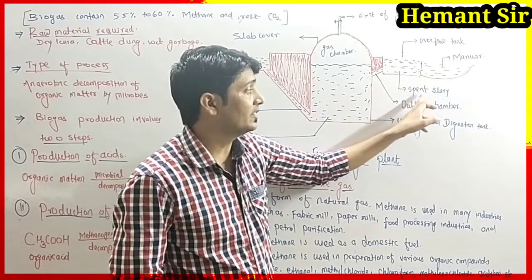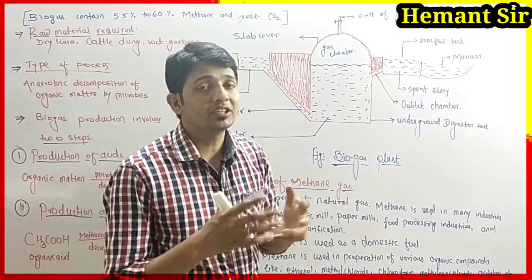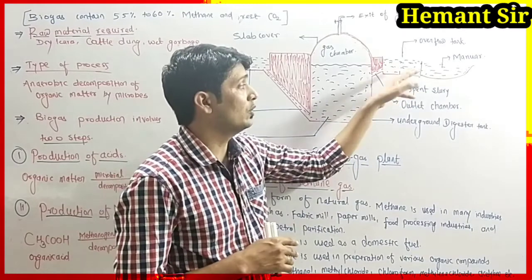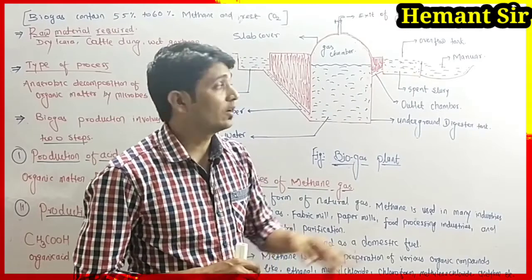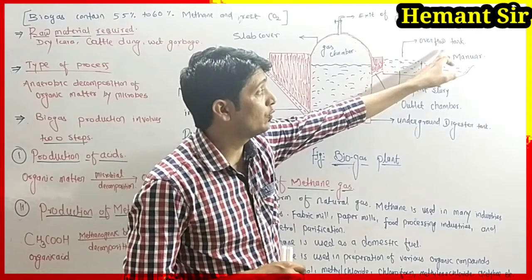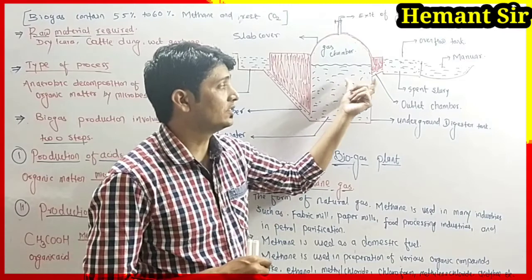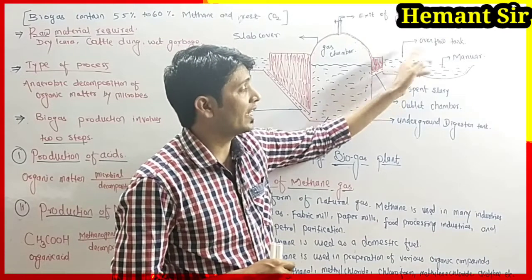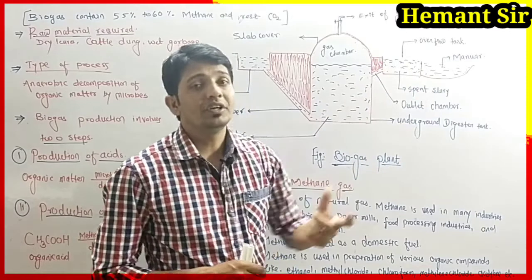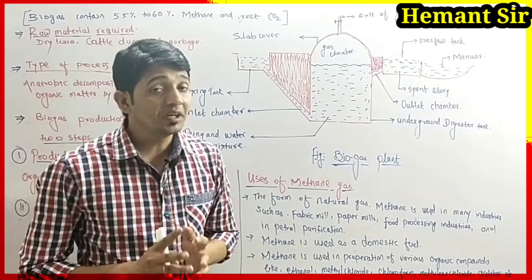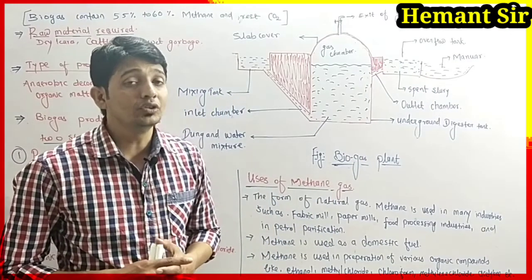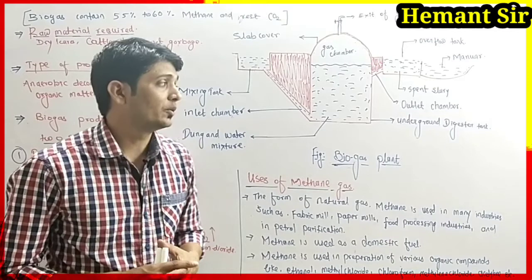Here it is the spent slurry, the excess slurry which is taken out from the outflow or overflow tank, and it is used on the soil as manure.